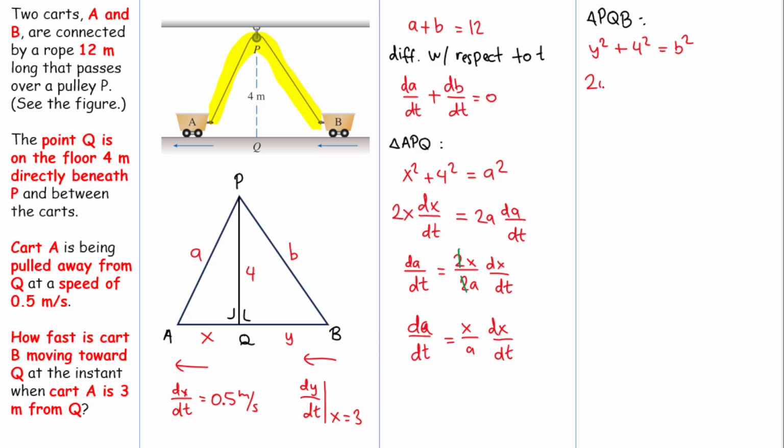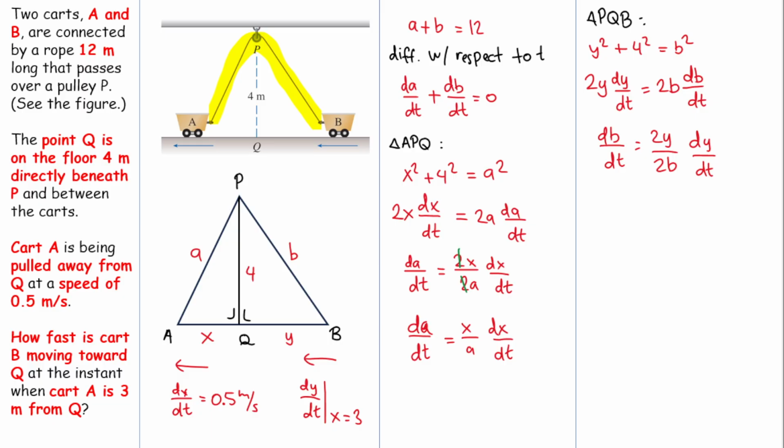So I will have 2y dy dt, and this one will be plus 0. And on the right hand side, I will have 2B dB dt. Good. And we can isolate for dB dt.